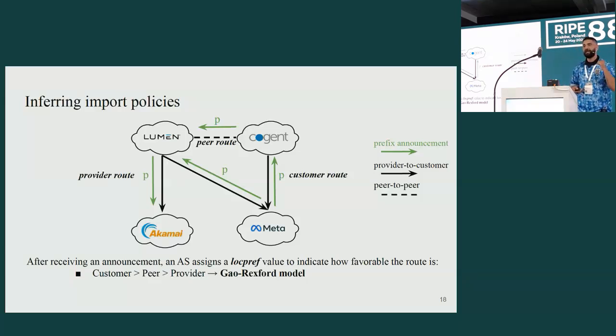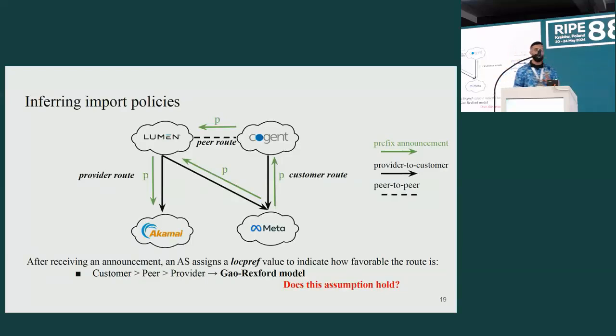Gao and Rexford back in 2001 described an ordering between those local preference assignments, and they said that usually customer routes are going to be assigned the highest local preference values because customer traffic generates revenue for your network. Provider traffic incurs a cost, so provider routes are going to be assigned the lowest local preference values, and since peer routes are neutral, they're going to exist somewhere in the middle of this hierarchy.